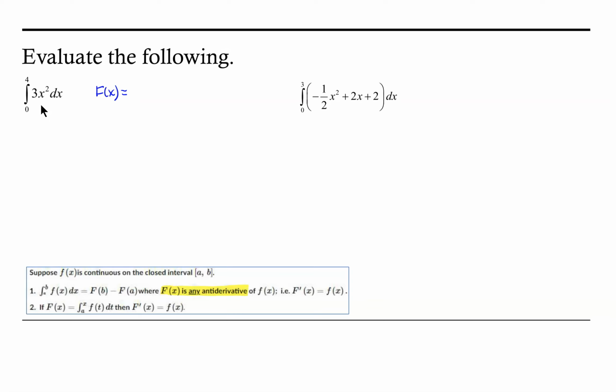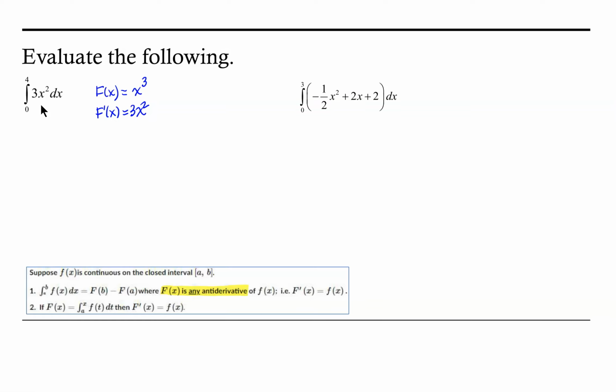Well, some people will look at 3x squared and immediately recognize that if they take the derivative of x cubed, they will arrive at 3x squared, while others may not make that immediate connection.